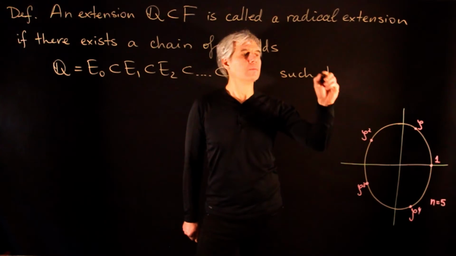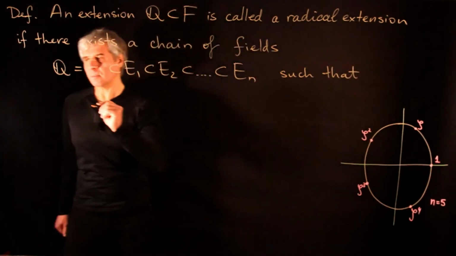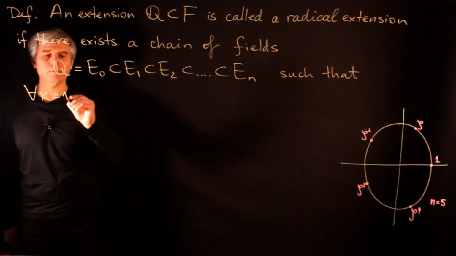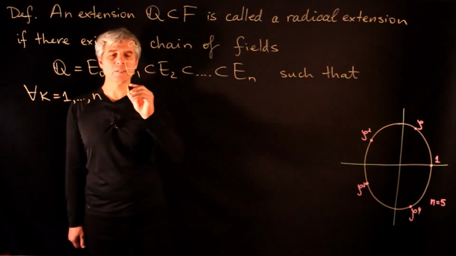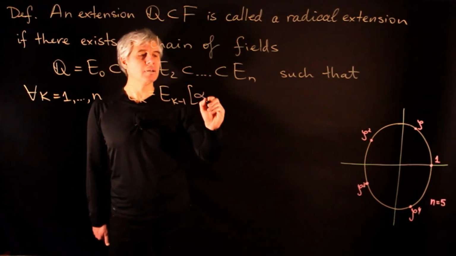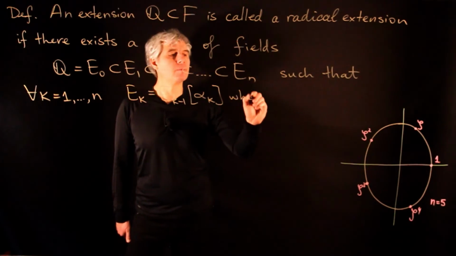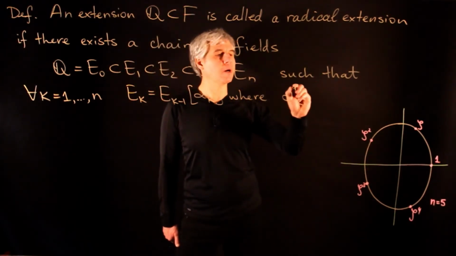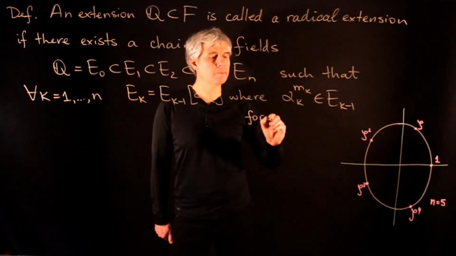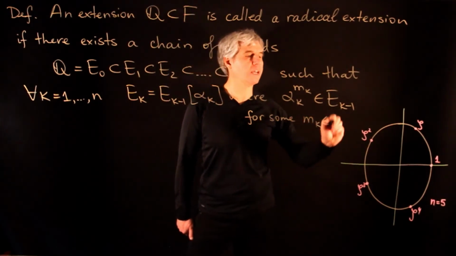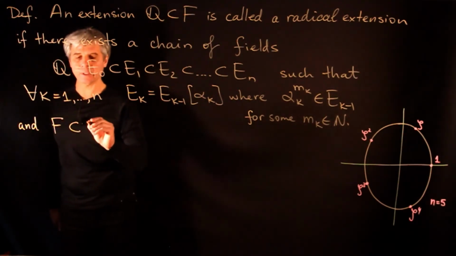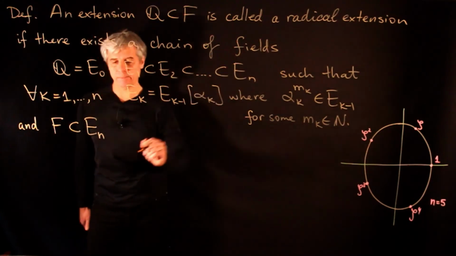such that each field Ek, so for k from 1 to n, the field Ek is the extension of Ek minus 1 with an element alpha k, where alpha k to the power mk belongs to Ek minus 1 for some mk in N. And with the condition that the field F is a subfield in the last field in this chain.